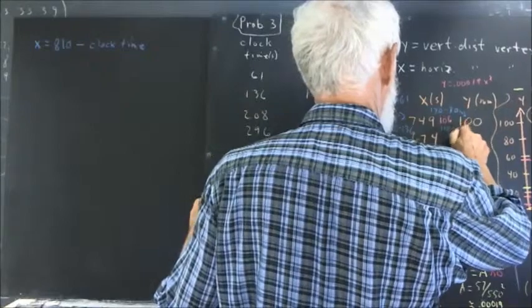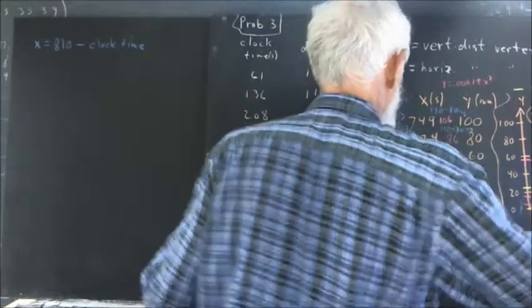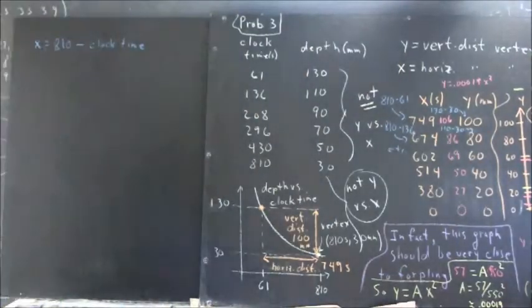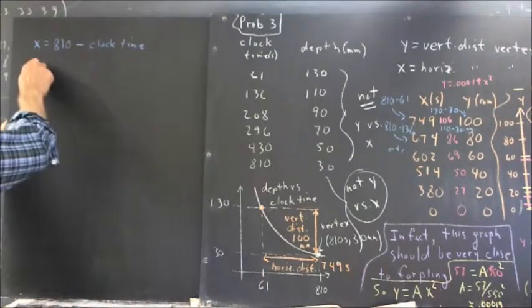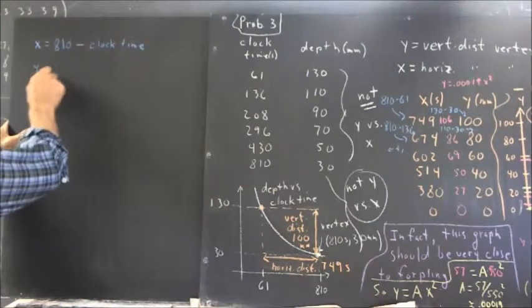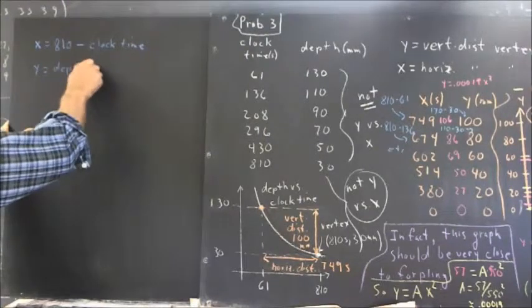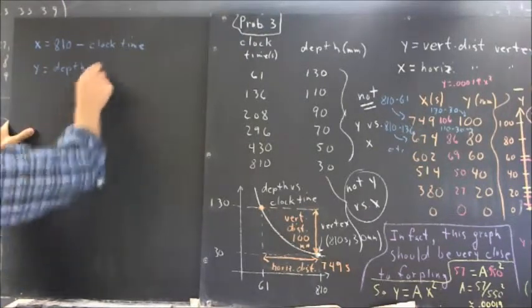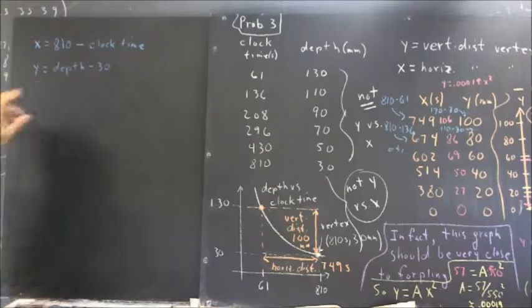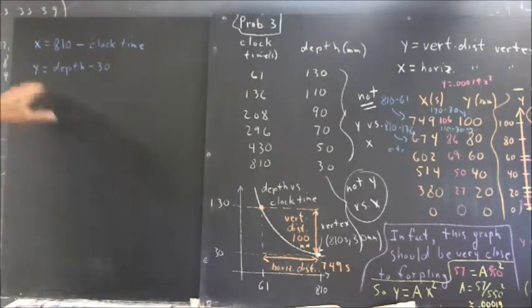Here's 110 minus 30, etc. And we can easily see then that y equals the depth minus 30. And these are in millimeters, so y will be in millimeters as x will be in seconds.